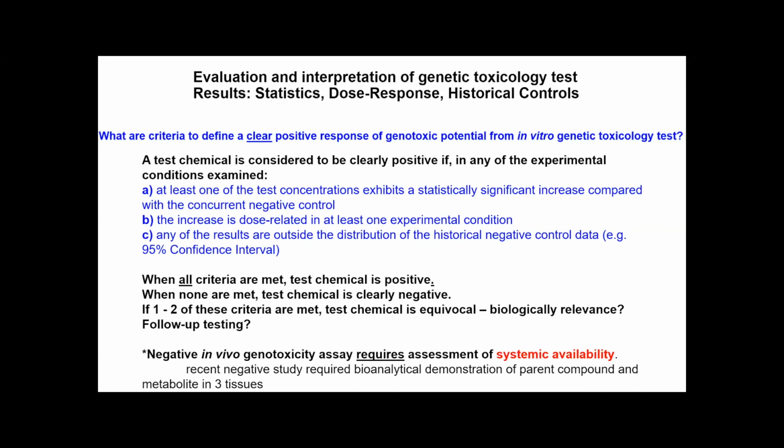We had to do bioanalytical on the 3 tissues, liver, nose, and I think blood, for the parent compound and a metabolite to show that this test article was absorbed into the animal, was systemically available, and the tissues were exposed. It's got to be done bioanalytically, and it's kind of bad, because when I tell a client, hey, your response is negative in the in vivo micronucleus, the bad news is you have to spend another $30,000 to come up with an analytical method to demonstrate that your compound was in the liver or was systemically available.